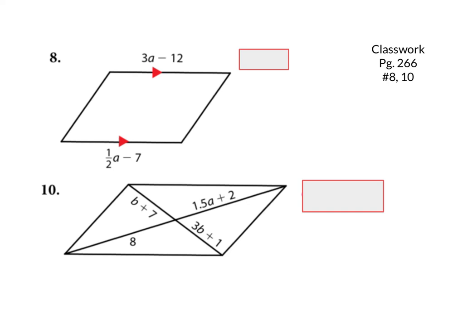For 10, if this is a parallelogram, I know that the diagonals bisect each other. So the pieces of my diagonal must be congruent in order for this to be a parallelogram. It can word it two different ways. It can say this is a parallelogram, find the value, or it can say what is the value in order for this to be a parallelogram. The process is the same. So go ahead and solve these two.